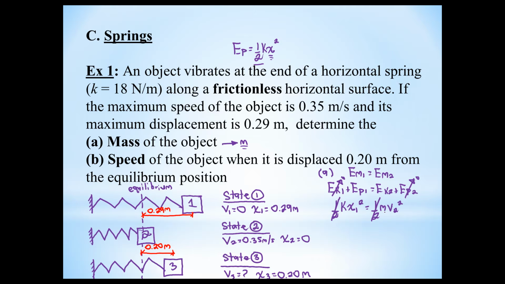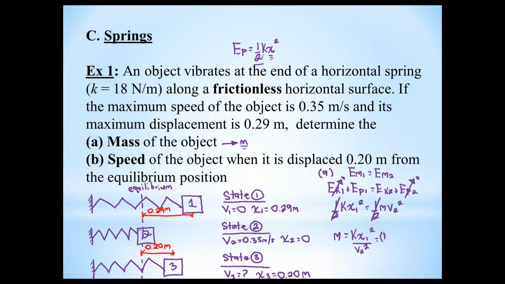So we can actually solve for the mass now by dividing both sides of the equation by v2 squared. So that'd be m is equal to k x1 squared divided by the v2 squared. Plug the numbers in.